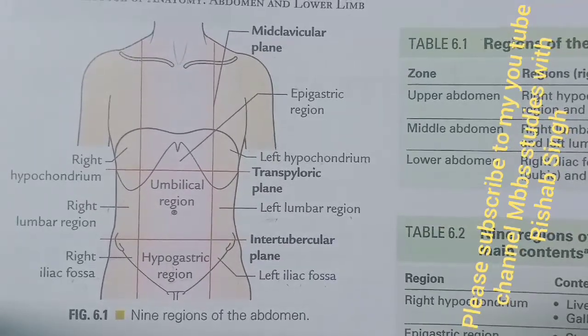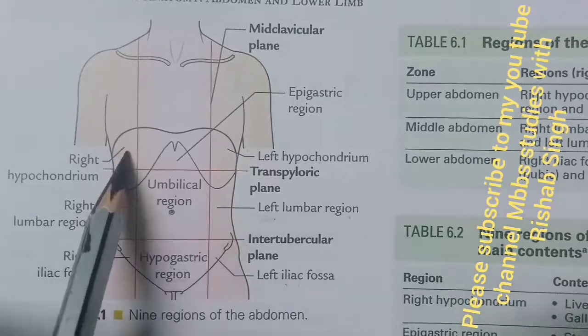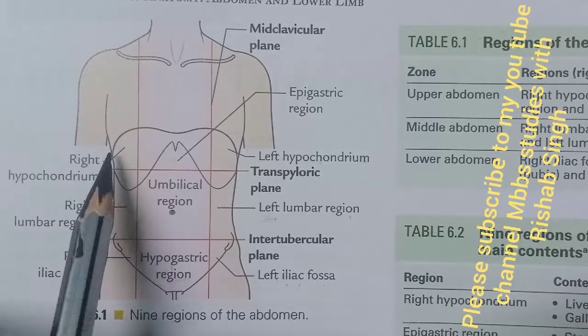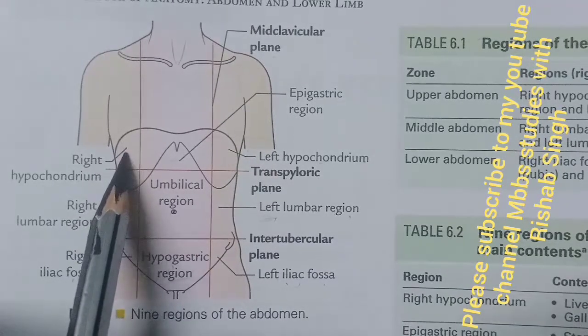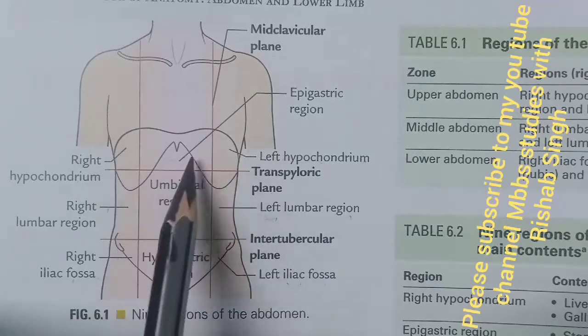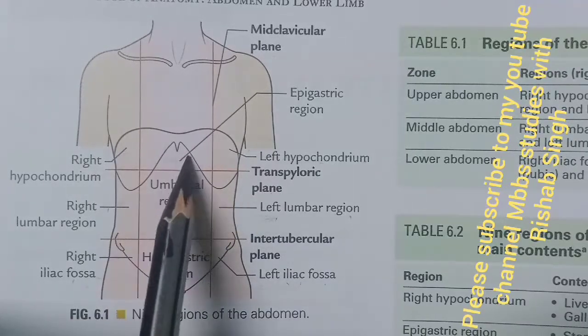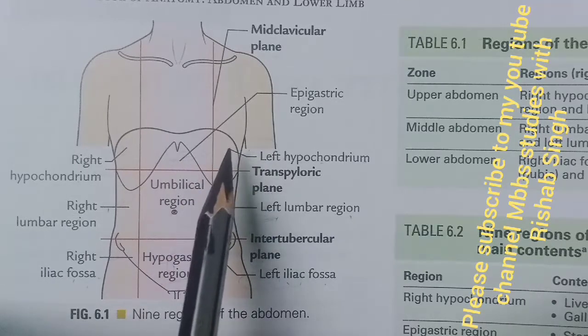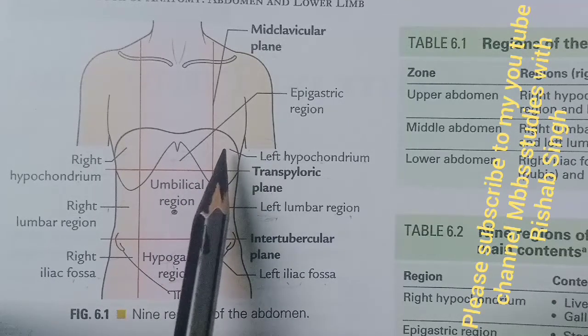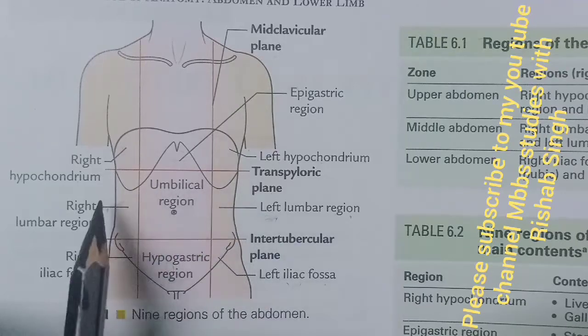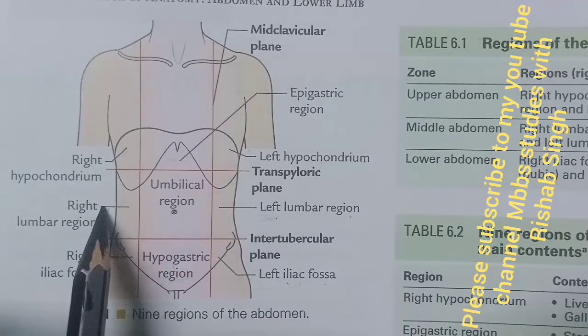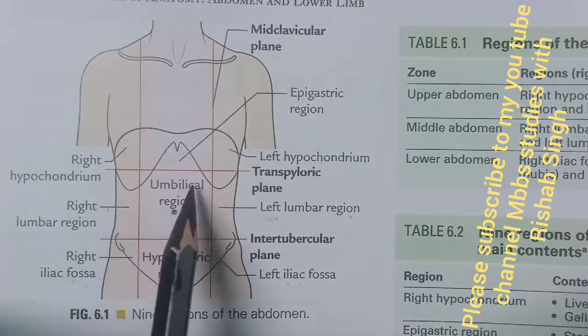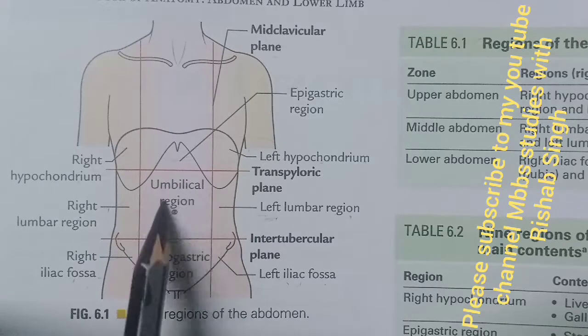Now coming to some clinical points. Pain in the right hypochondrium region is associated with the gallbladder and the biliary duct. Pain in the epigastric region is associated with the stomach and the duodenum. Pain in the left hypochondrium region is concerned with the pancreas. Pain in the right lumbar region is concerned with the kidney. Pain in the umbilical region is concerned with the small intestine.